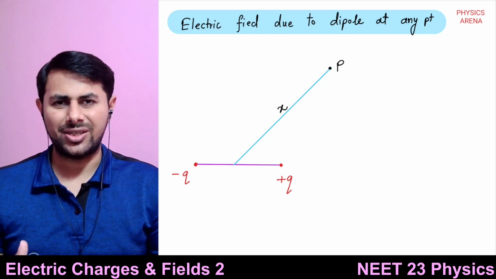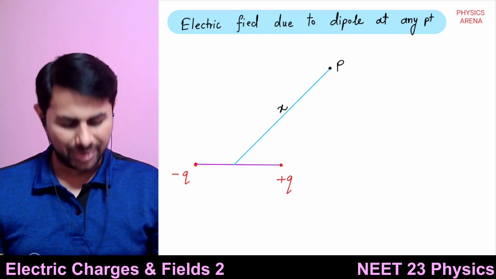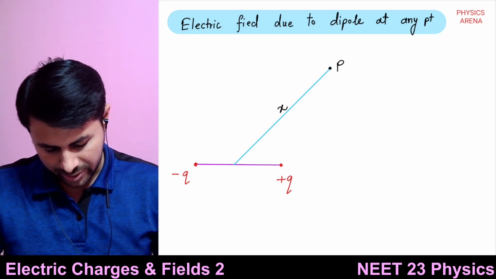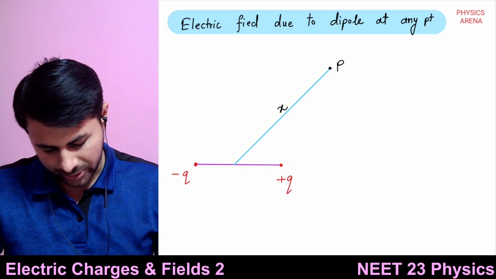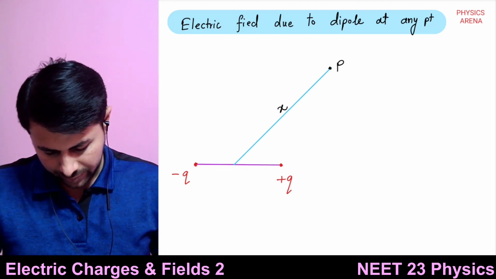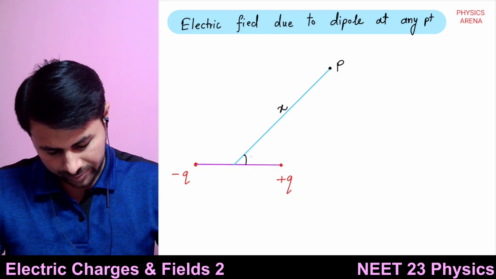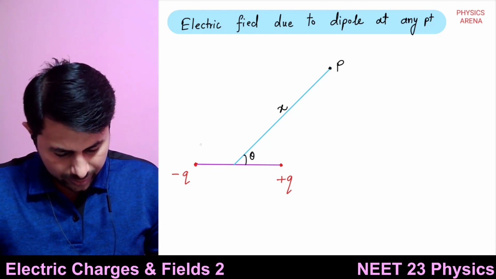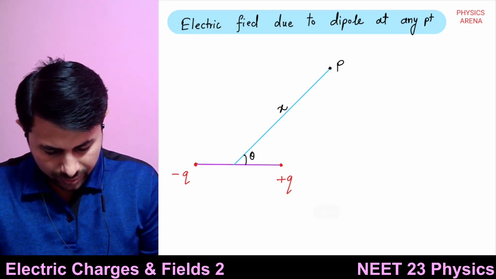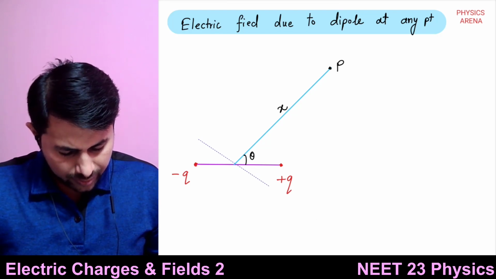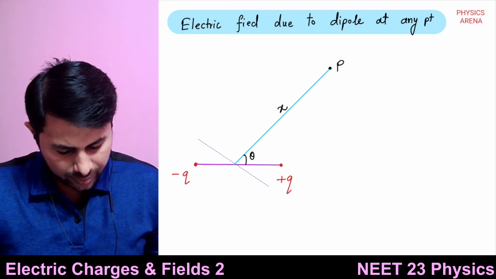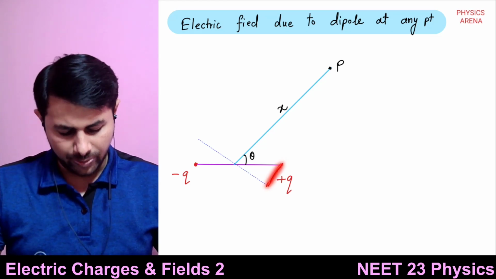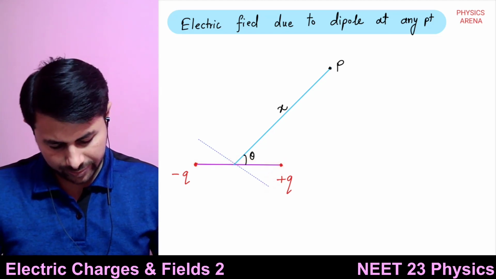So we can resolve this vector along two perpendicular components. See, this angle is suppose theta. So we'll resolve this dipole moment itself along two components.